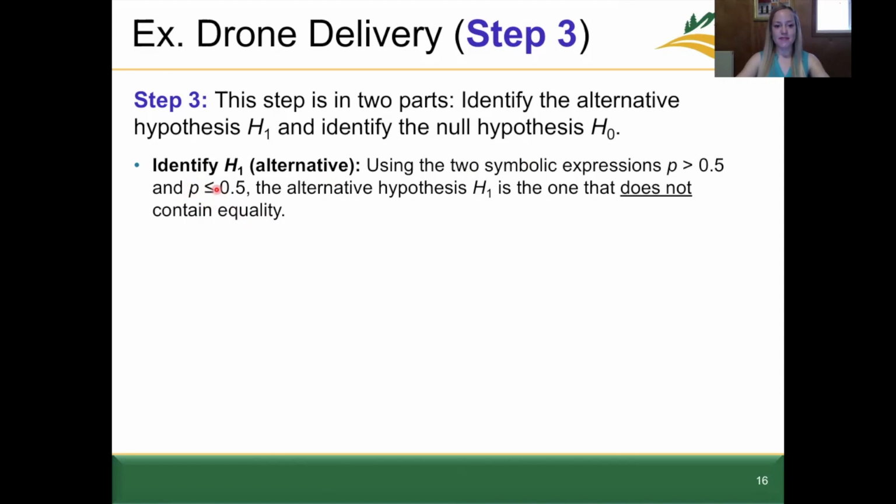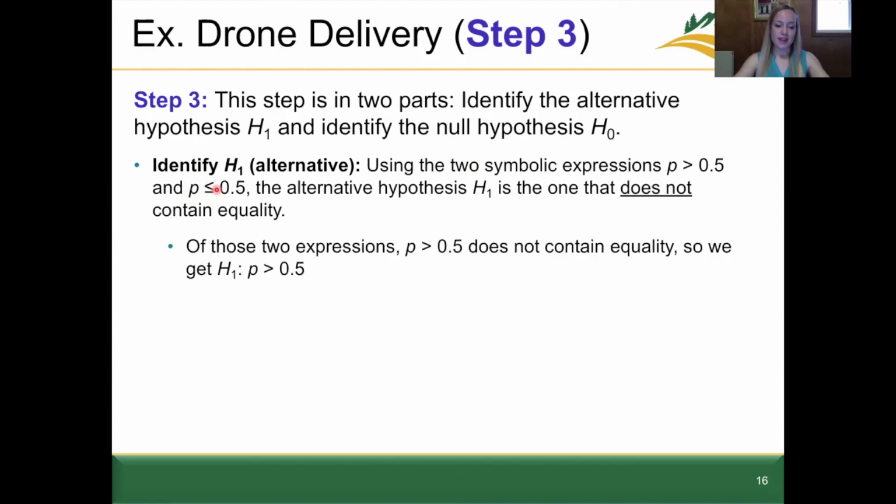Then after we've identified which notation does contain the equality and which one does not, we go to this step. Of those two expressions, P is greater than 0.5 does not contain the equality. The notation that does not contain the equality becomes our alternative hypothesis.